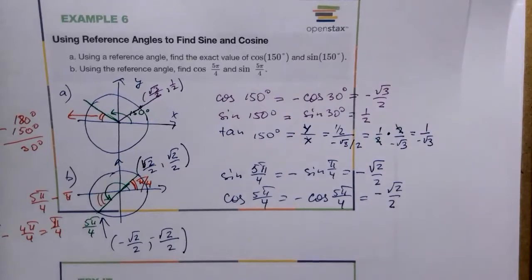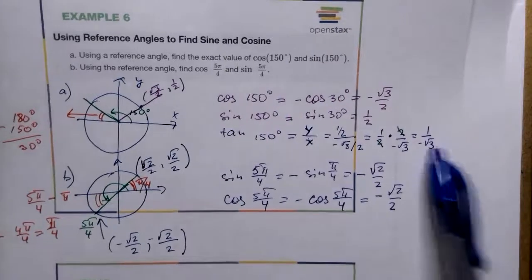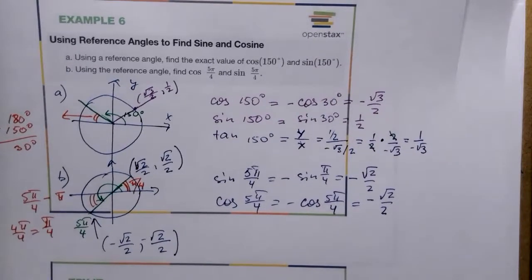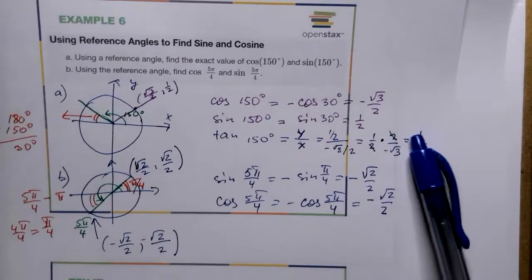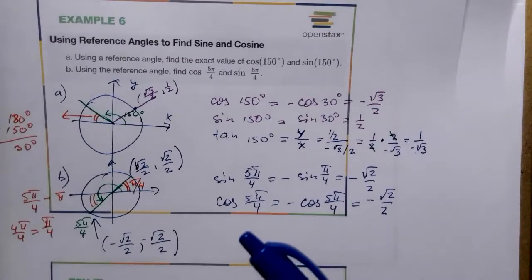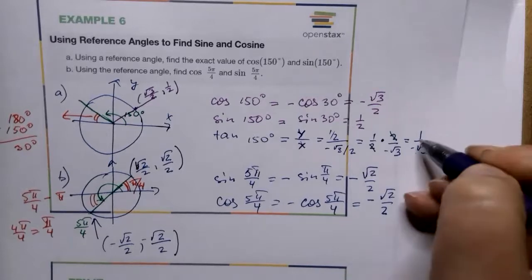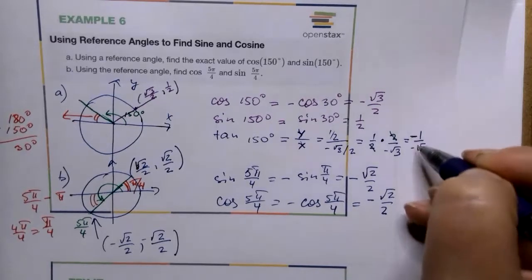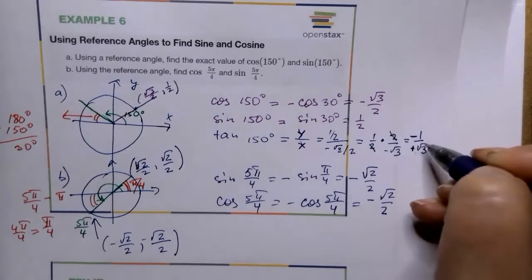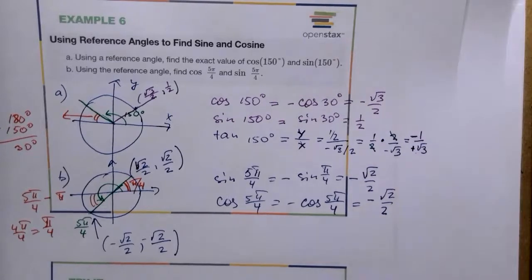But we need to rationalize the denominator, and I don't like the negative in the denominator. I could pull it in the numerator. That's the properties of fractions. It's up to you where you want to put your negative sign. You could have it in the denominator, move it into the numerator, which we're going to do, or leave it in front of the fraction.